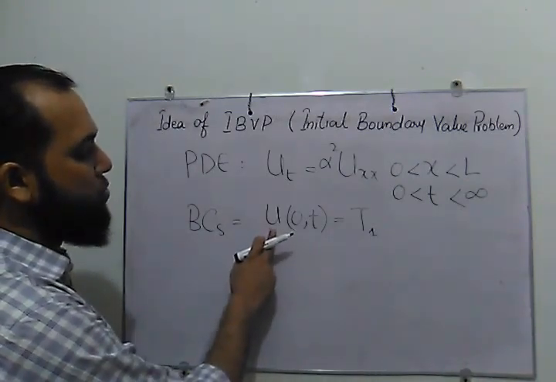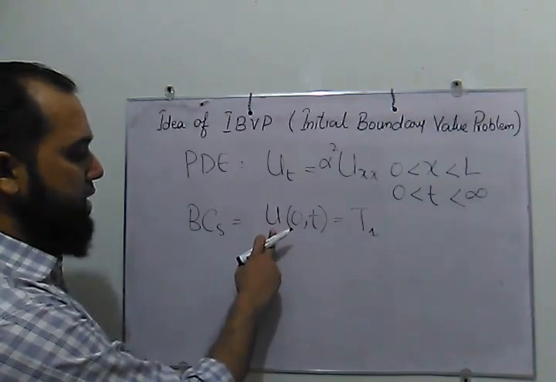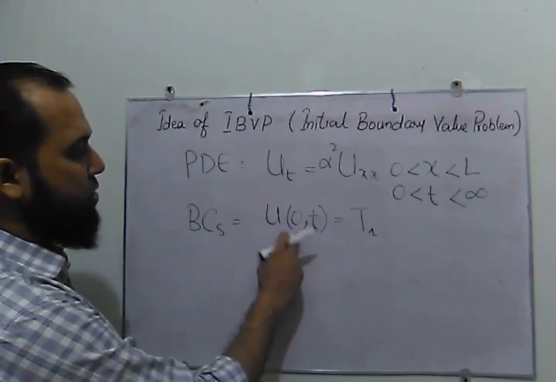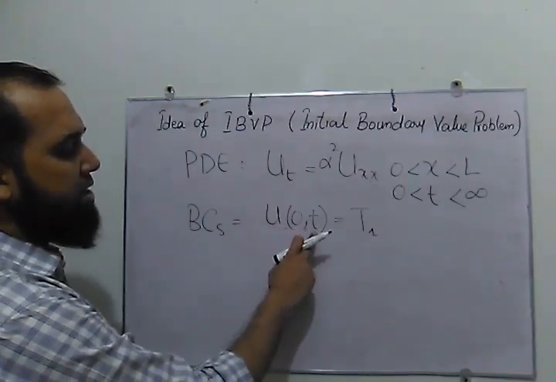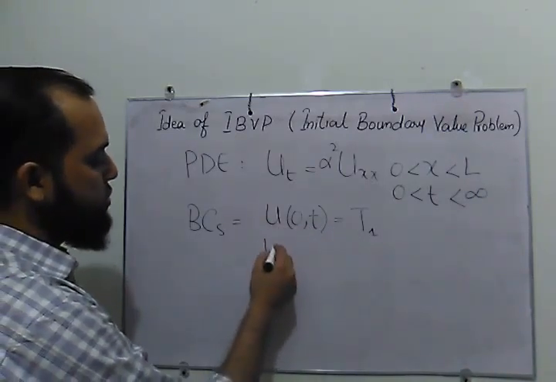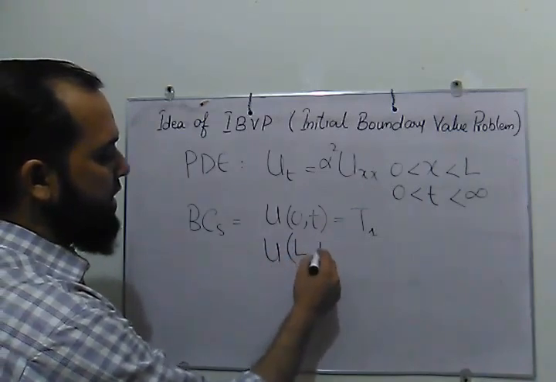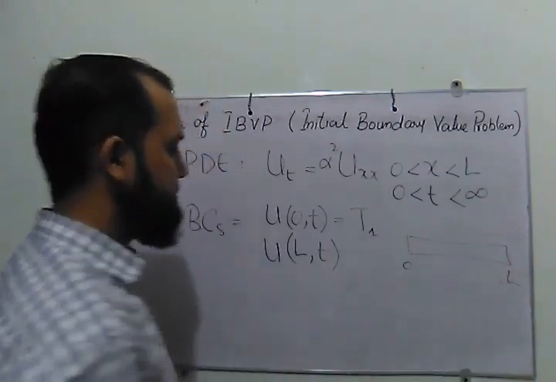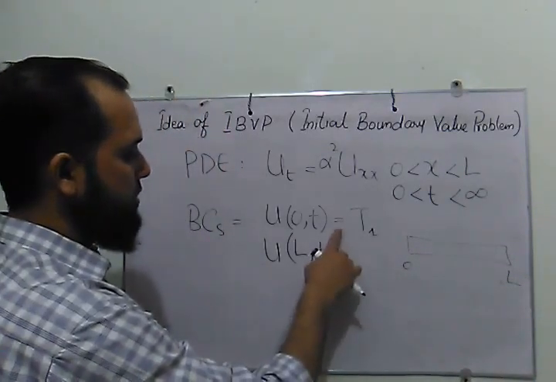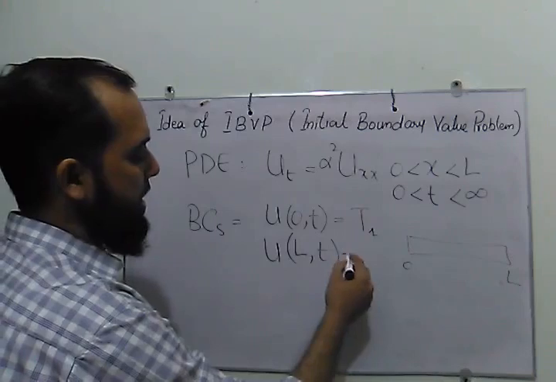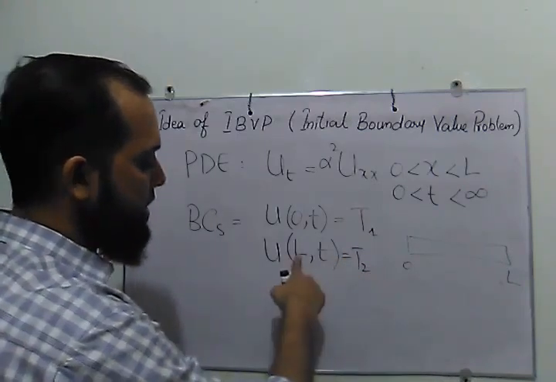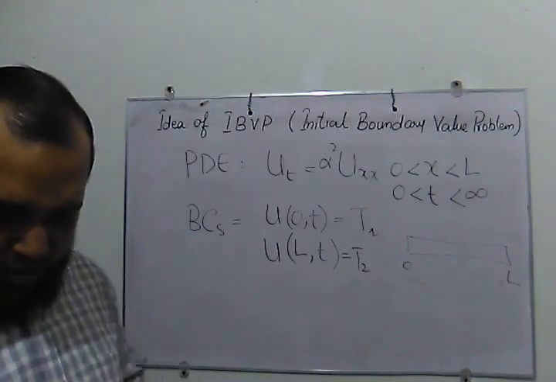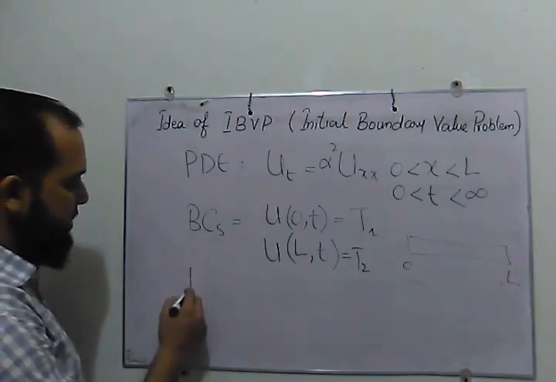We are going to represent temperature by U. So U at 0, which is the position of X, is T1, and U at L, the other end, is T2. So this was our rod, 0 to L. At 0, the temperature is T1. At L, the temperature is T2 on the other side. So these are the BCs, boundary conditions.